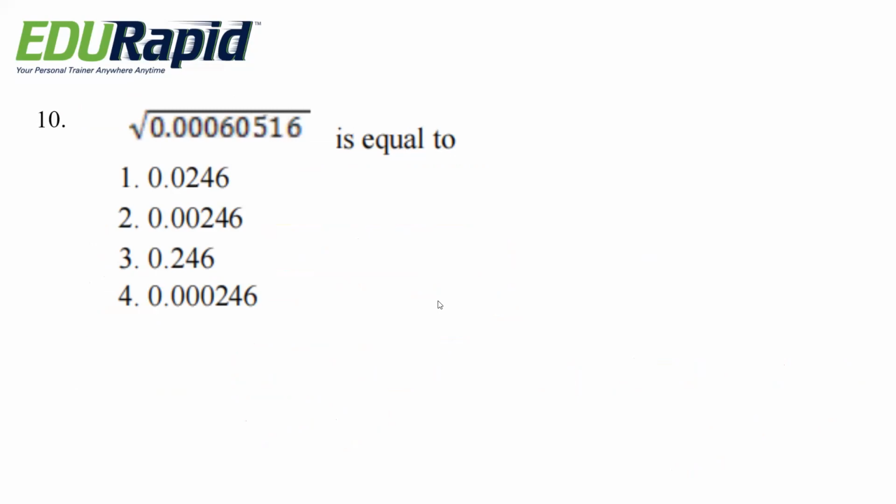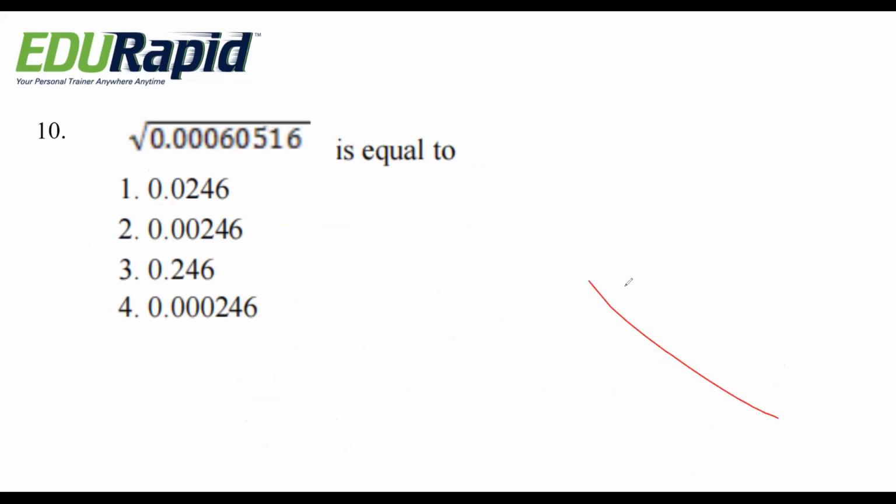Square root of 0.00060516 is equal to 0.0246, 0.00246, 0.246, 0.000246. Here you can predict from the options that all have the digits 246.